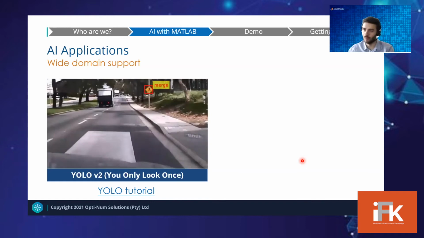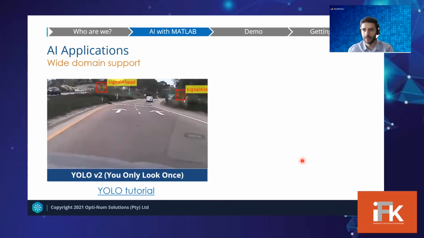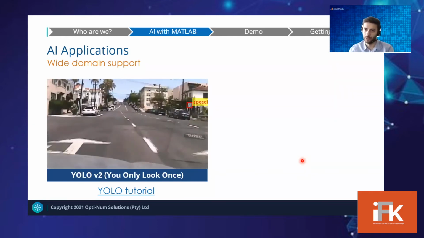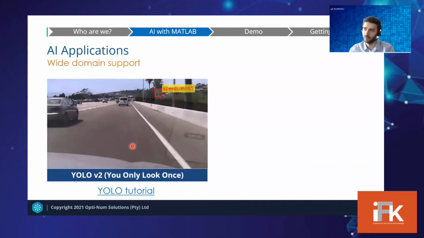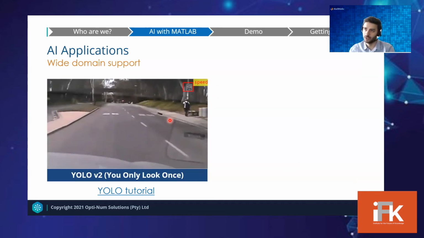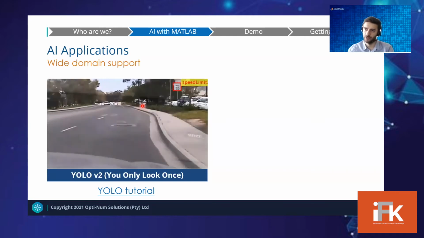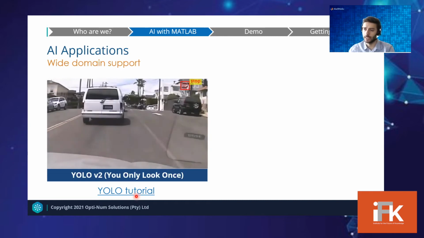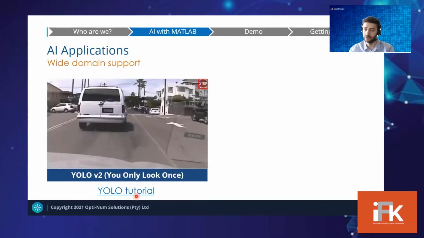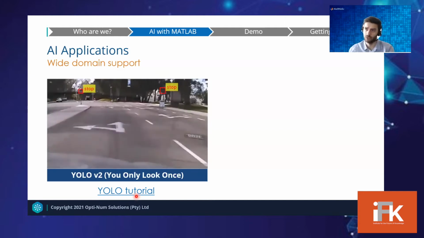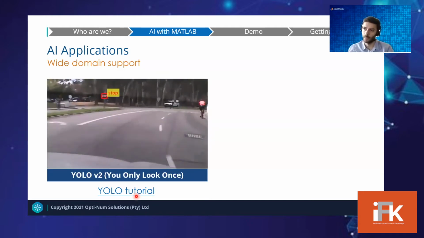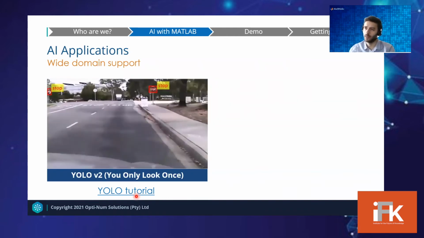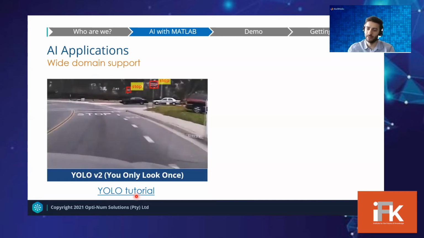YOLO is also a very nice song by the Strokes, but here it is You Only Look Once version, because it's a kind of deep learning algorithm embedded into NVIDIA that can recognize speed limits and, let's say, road signals in general. I leave you a link here on the bottom. If you click on this link, you can have access to the full tutorial, which explains the workflow to actually implement this kind of YOLO for, let's say, road signal detection.